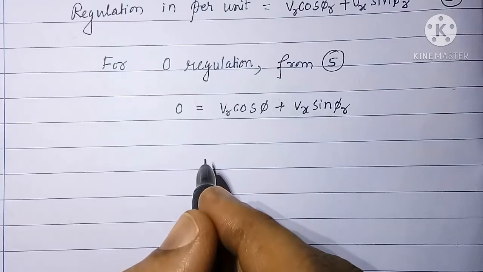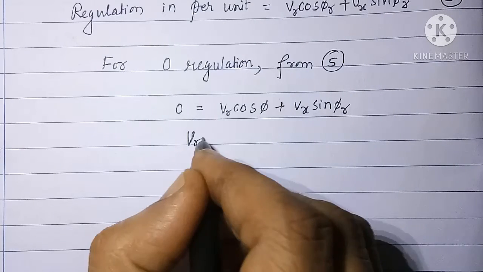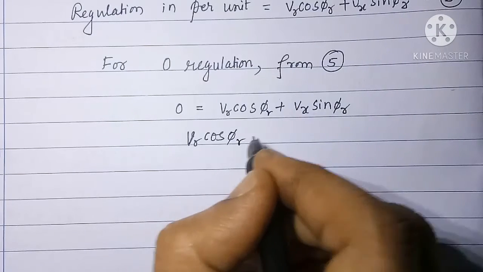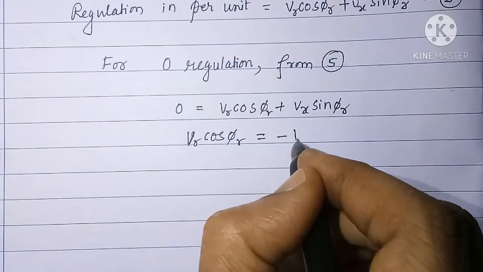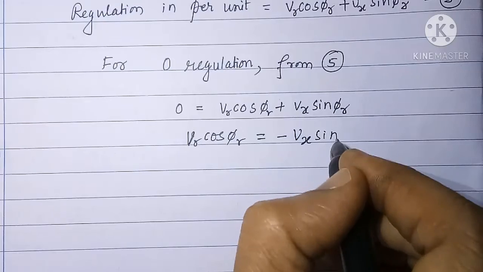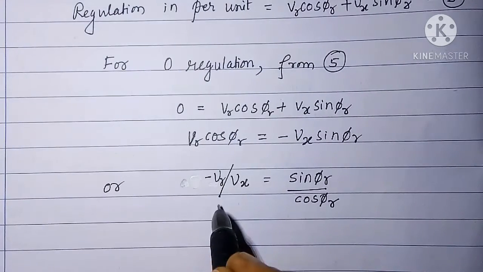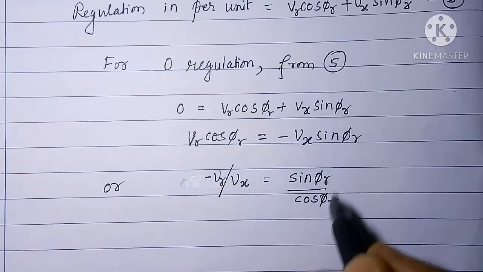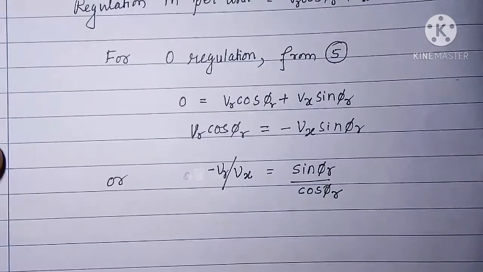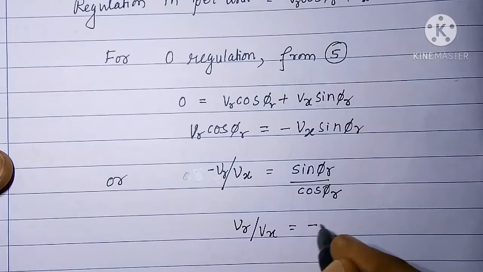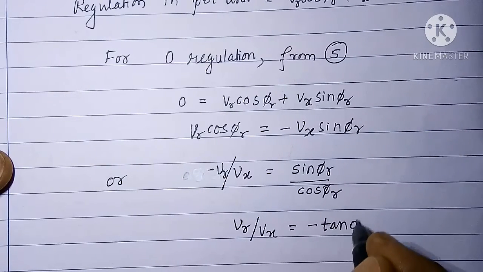So from this we can write Vr cos phi r equal to minus Vx sin phi r, or minus Vr by Vx is equal to sin phi r by cos phi r, which may be written as Vr by Vx equal to minus tan phi r.